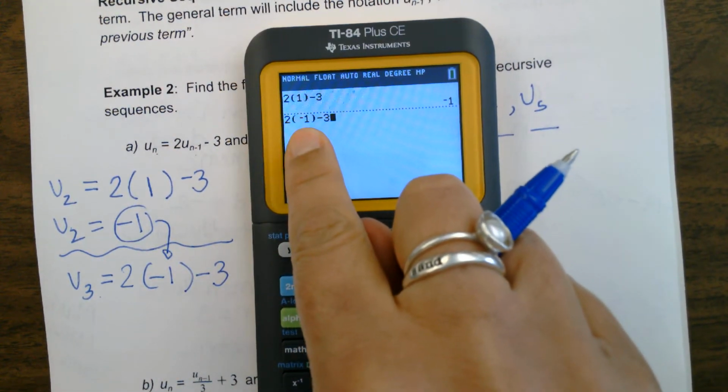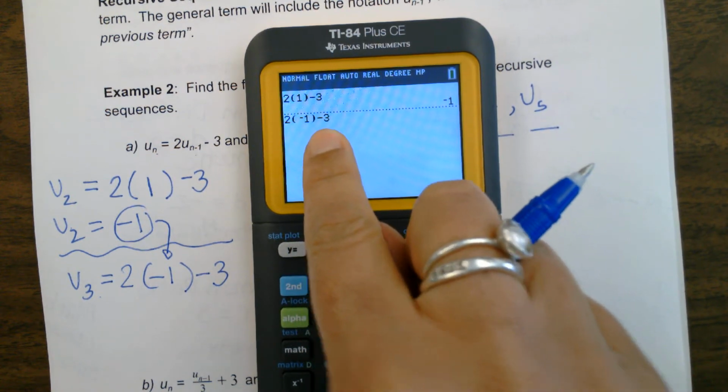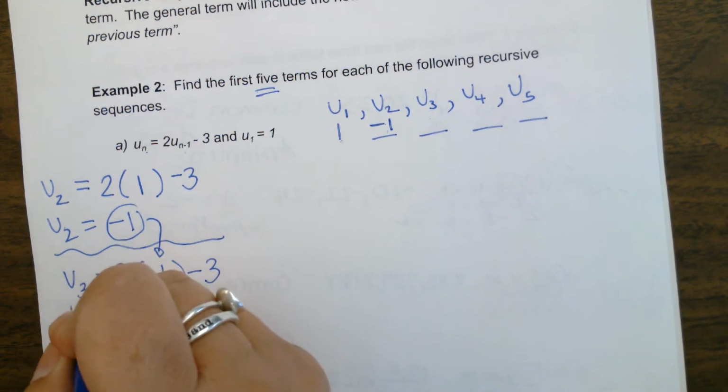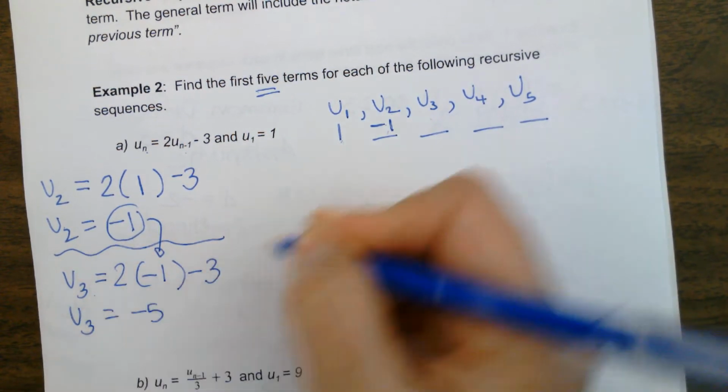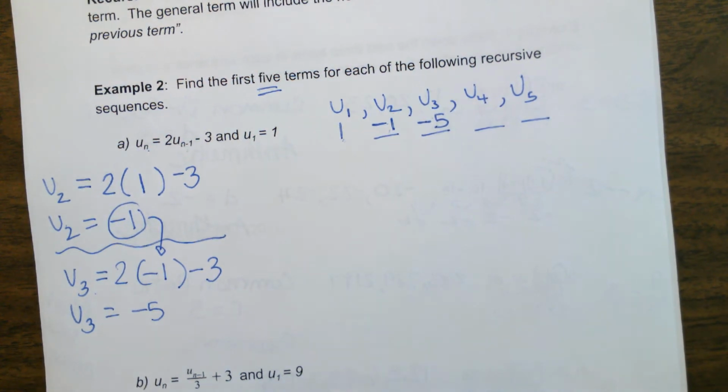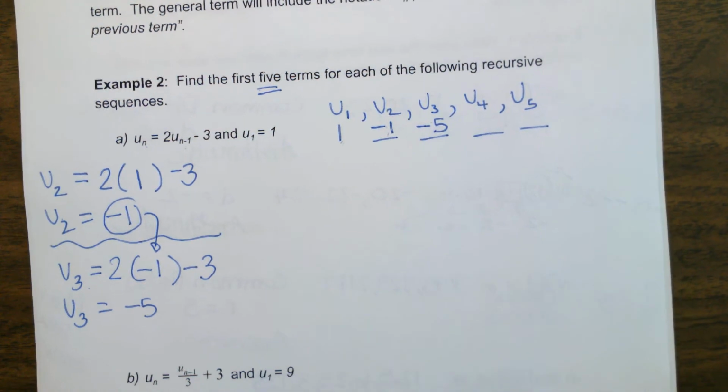Look at that negative, how it's different. And then there's that minus 3. Enter, and we get negative 5. So our third term is negative 5. So this is recursive. We're using the previous term from the problem before.